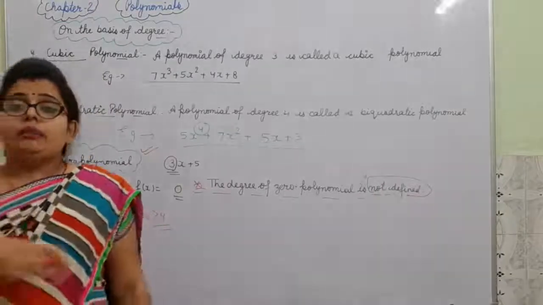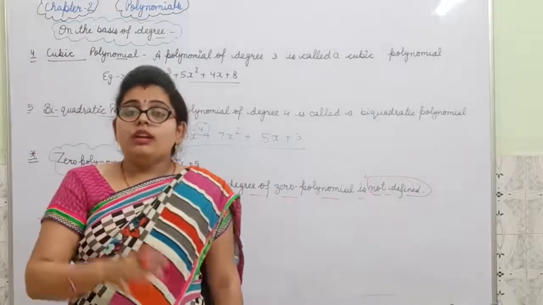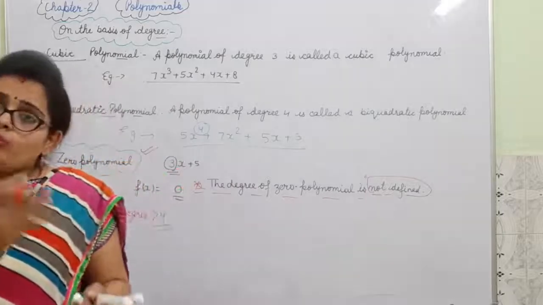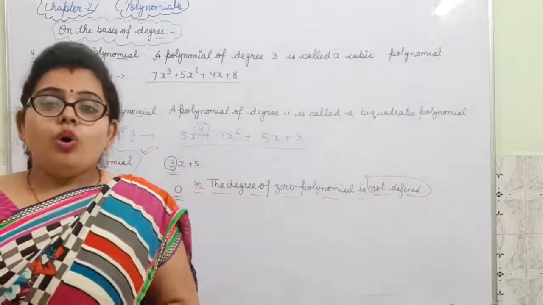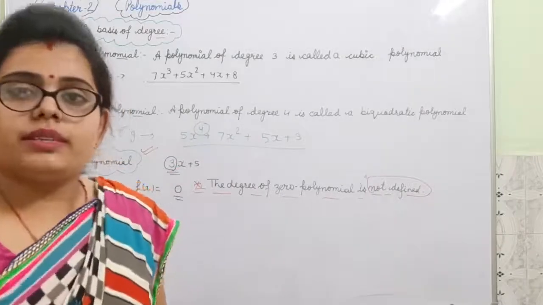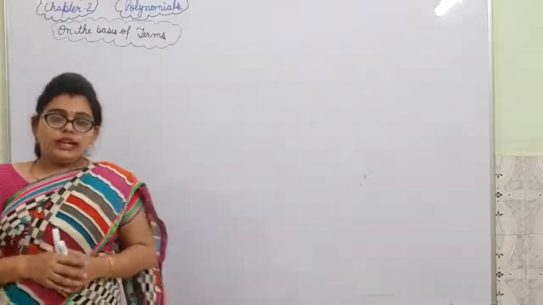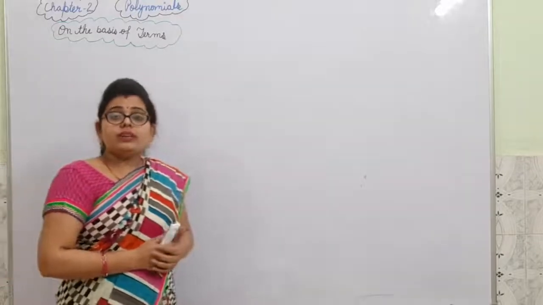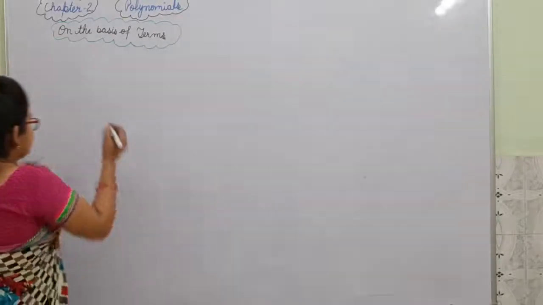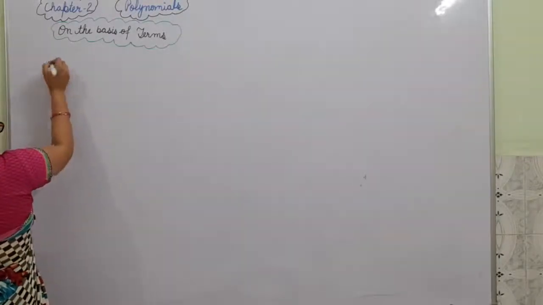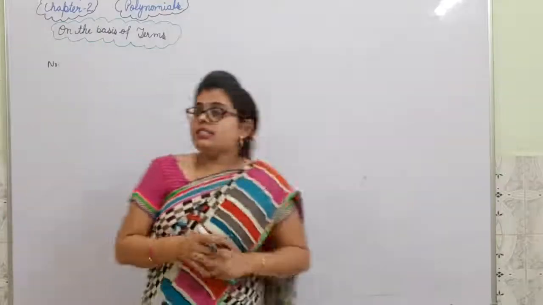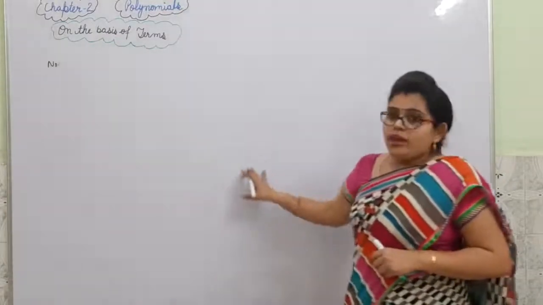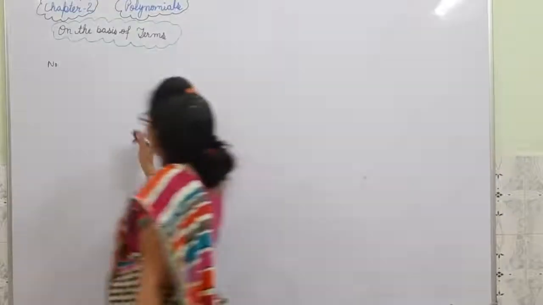All are the parts of the polynomial. We can classify them. Now, on the basis of terms. Yes, dear students, now we will classify polynomial on the basis of terms. Here I am explaining this category by using a table.